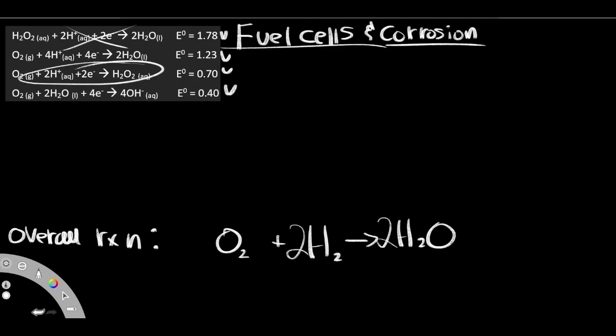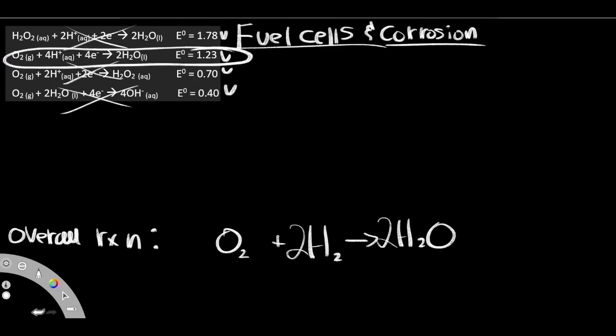If you selected this one, also incorrect. And if you selected this one, this would also be incorrect. The reason all of these got X'd out is because we have hydrogen peroxide here, hydrogen peroxide here, and hydroxides over here. We're only looking for these kinds of ingredients. So the only thing that really makes sense is this second one.